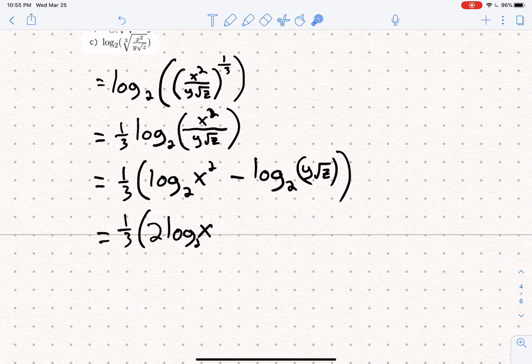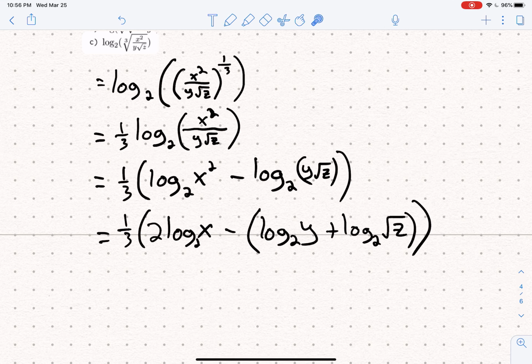The thing we have to be careful of is this minus is in front of this log, which means that the minus had better be in front of everything that we replace this with. So the way that we do it is we keep the minus here, and then we put parentheses in, and we use our rule to split that log in base 2 into the log in base 2 of y plus the log in base 2 of radical z.